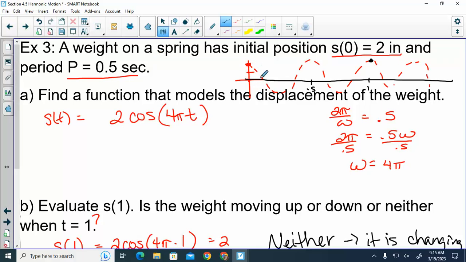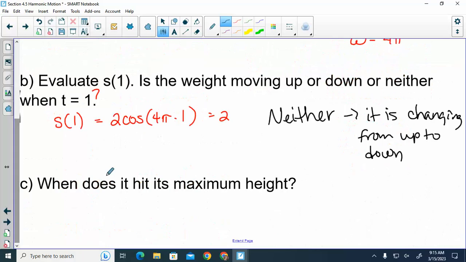Cosine starts and stops at its maximum height. So we started at the maximum. When's the next time we hit that max? At 0.5 seconds, and then again at 1 second, and 1.5 seconds. So, yeah, I'm going to say every 0.5 seconds we hit that maximum height again.